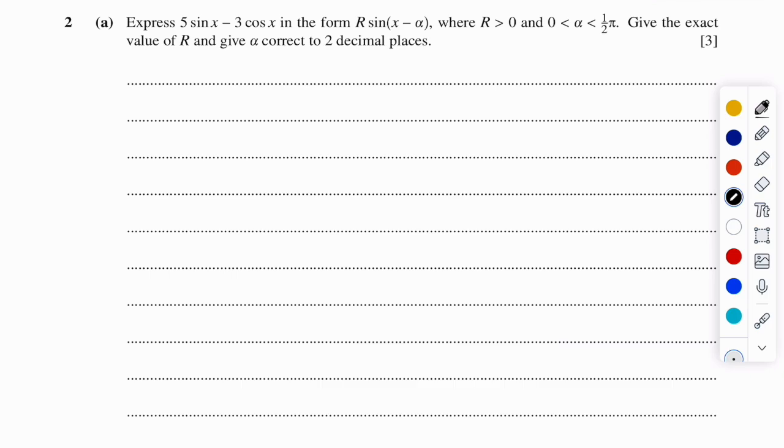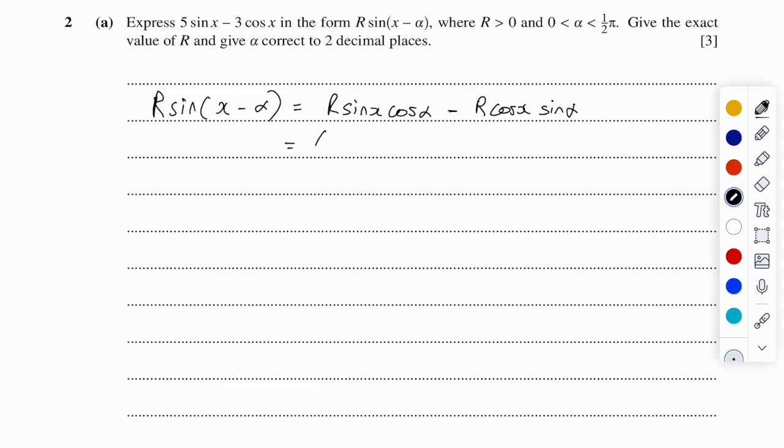Using our trig identities, we know that r sine of x minus alpha is going to equal r sine x cos alpha minus r cos x sine alpha, which therefore means what?